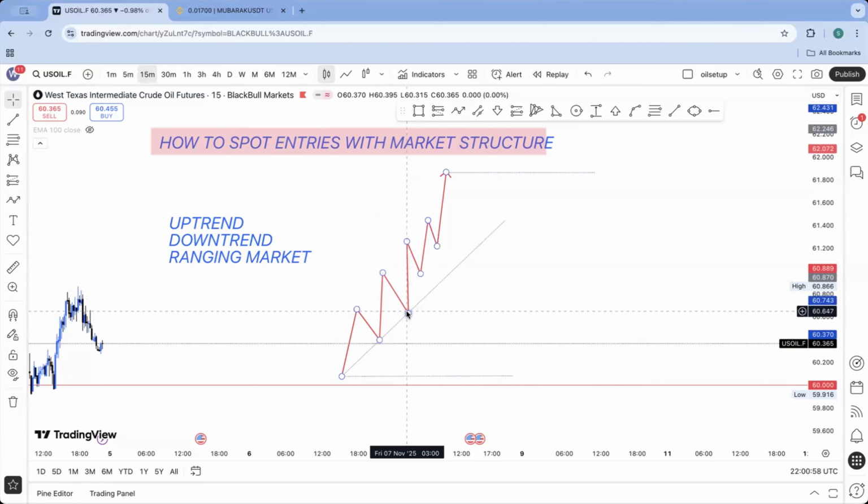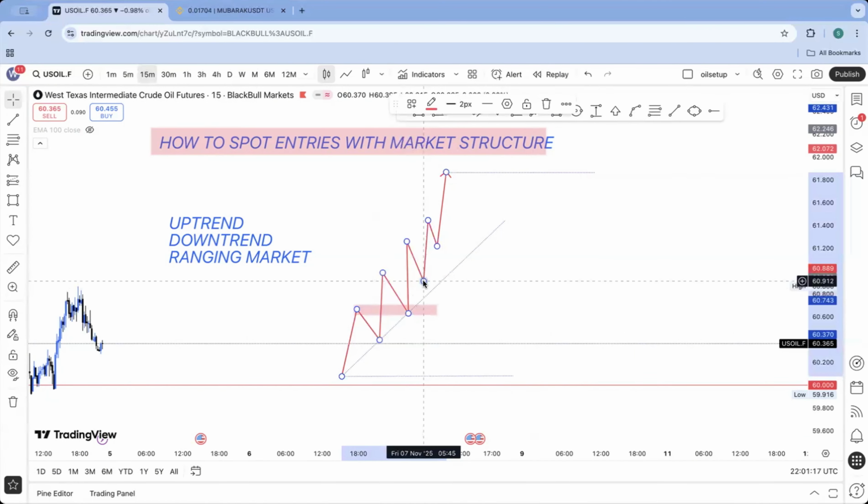Or you can also use break and retests to spot opportunities, with your candlestick confirmation. Or you can also use your Fibonacci tool to spot opportunities. You can also use chart patterns to spot opportunities as well.